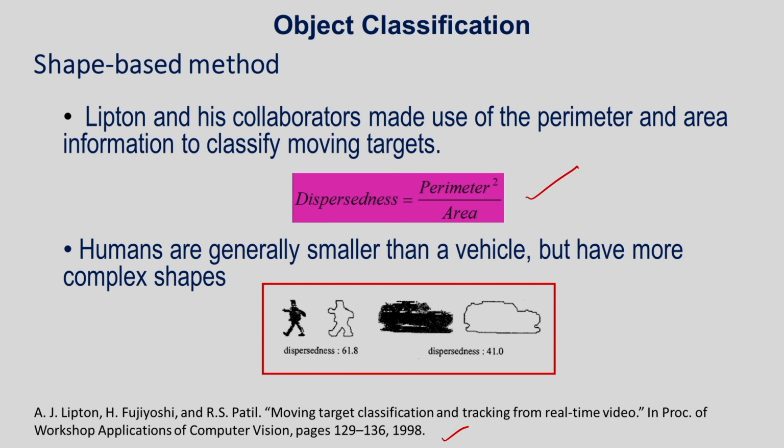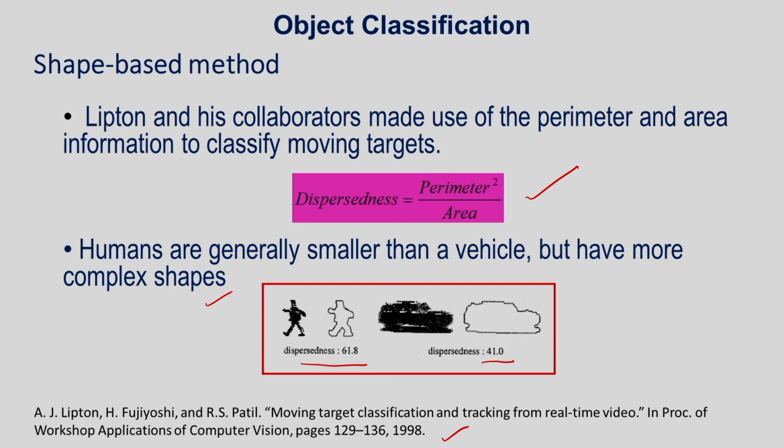Based on this parameter, they classified humans and vehicles. For human, the value of this parameter is 61.8, and if I consider the vehicle, this value is 41.0. The concept is humans are generally smaller than vehicles but have a more complex shape. So, based on this parameter, we can do the classification of human and vehicles.